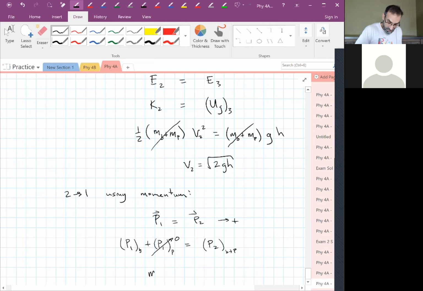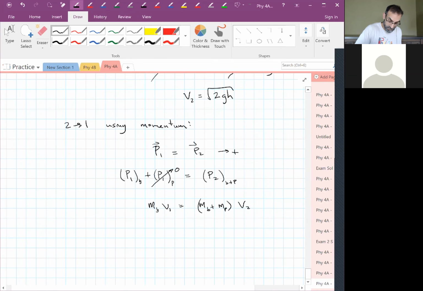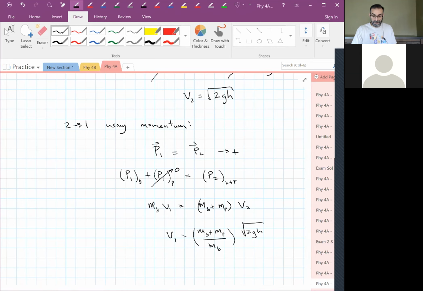So this is the mass of the bullet times V1 has to equal the mass of the bullet plus pendulum times V2. And there we have it.